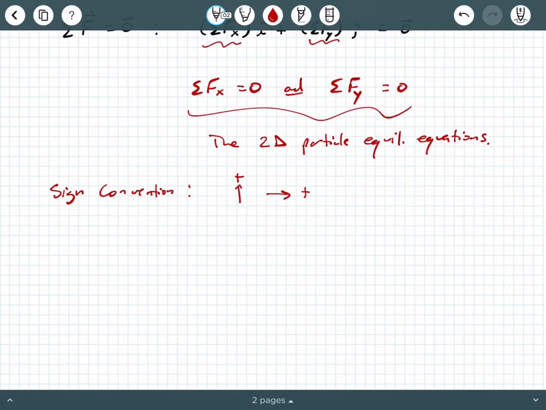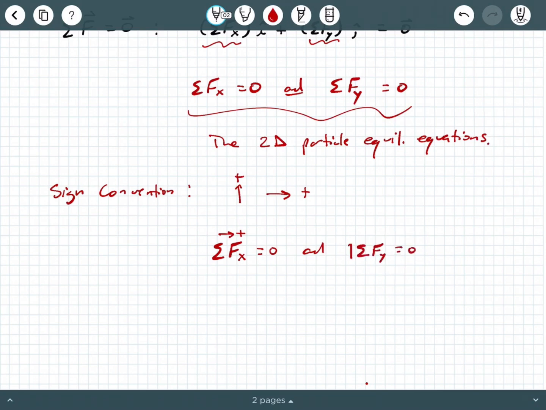That means if you have something pointing to the left, when you're doing calculations, it's going to have a negative built in somewhere. The way we would set this up is we would say sum of the forces in the x direction equals 0, and we typically put a little arrow on top of that sigma and F symbology.